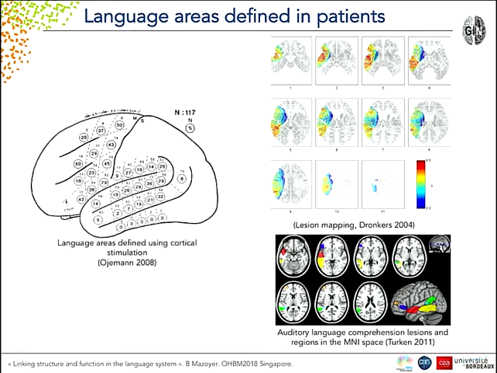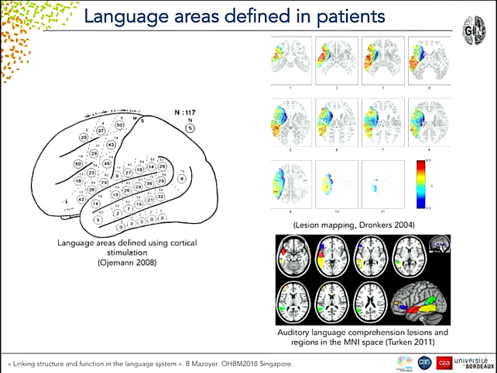The other approach is mapping the lesions in stereotactic space that correspond to aphasia, whether production aphasia or comprehension aphasia. By doing this probabilistic mapping of lesions, you have one aspect of how language is implemented in the anatomy.